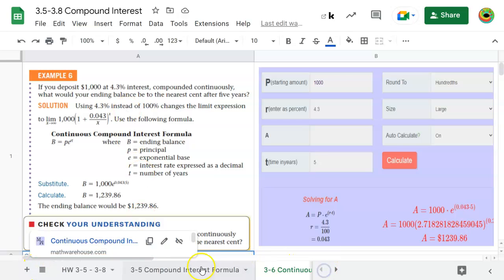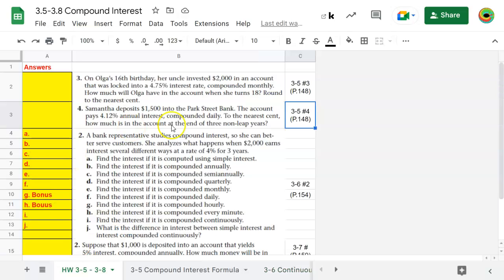If you go back to here, here's compounding all the different ways. Annually, semi-annually, quarterly, monthly, daily, hourly. If you want to do the hourly, minute, but you don't need to. And then there's continuously.